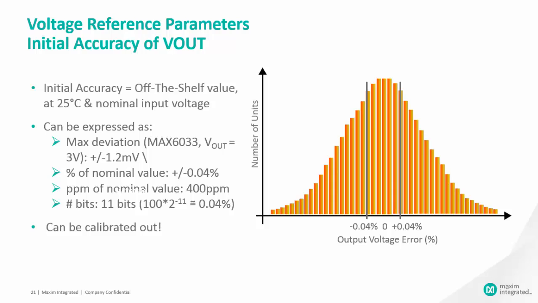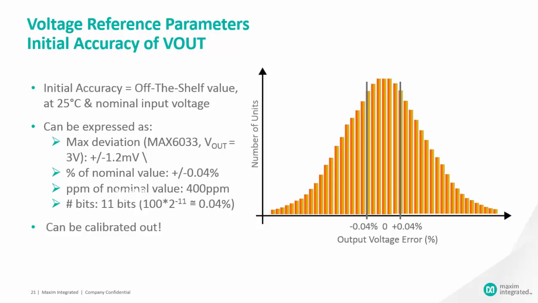The A version, MAX6033A, has an initial accuracy of plus or minus 0.04%. On a nominal reference of 3 volts, that means that VOUT can be any value between 3.0012 volts and 2.9988 volts. The total deviation value is plus or minus 1.2 millivolts, or 400 parts per million, or 11 bits.